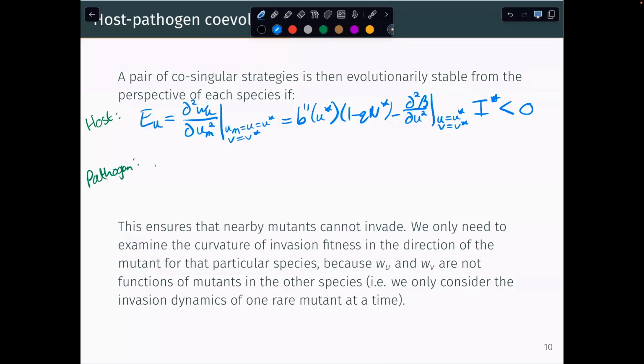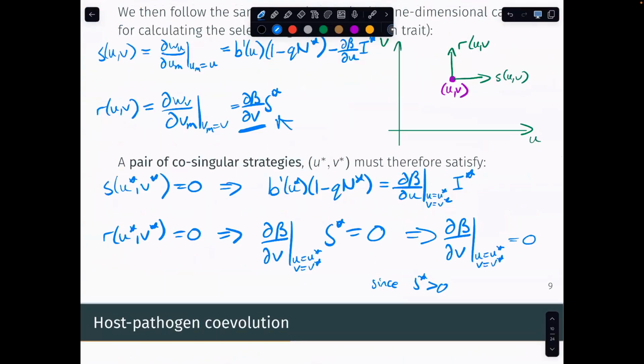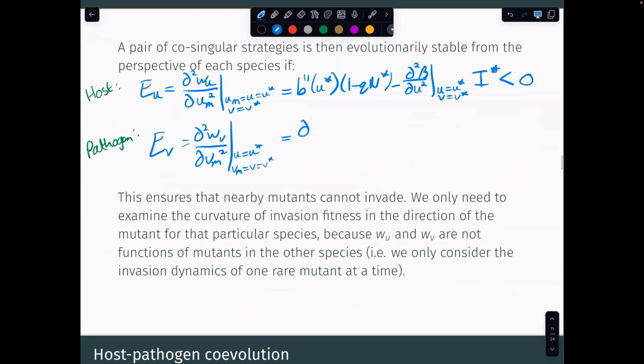For our pathogen, we do exactly the same, but think about it from our pathogen's perspective. Take the second order derivative of invasion fitness for our pathogen with respect to our pathogen trait Vm. We're now going to evaluate this again at U star, V star. From above, remember this is our invasion fitness up here. We're just going to get the second order partial of theta, our transmission function, with respect to V, evaluated at U star, V star, times S star, and this has to be negative.